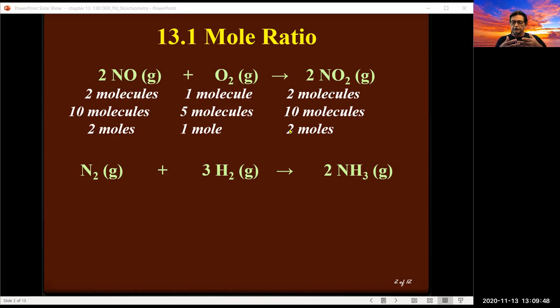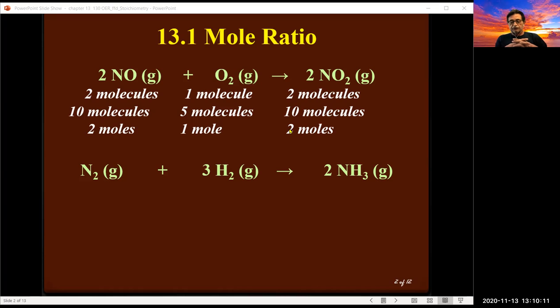Remember that a mole is equal to 6.02 times 10 to the 23rd molecules. In this case, they're molecules of each reactant and product, because the mole concept is simply a number, okay? Just simply a number.